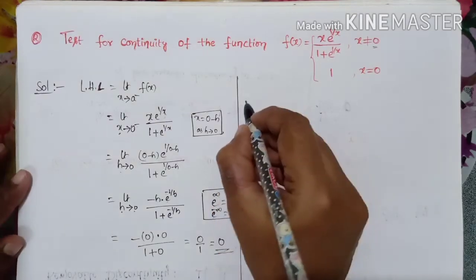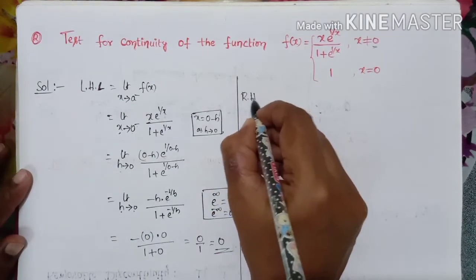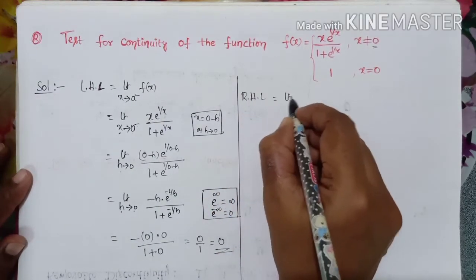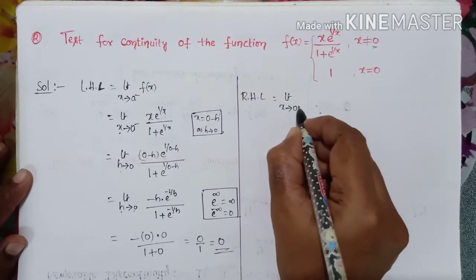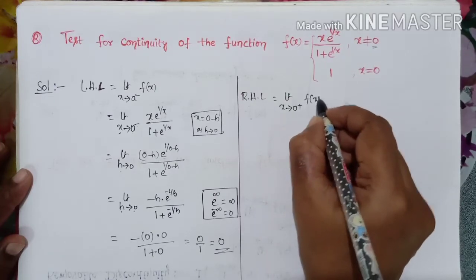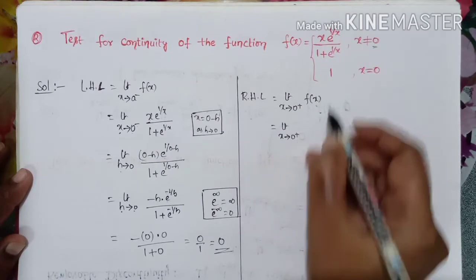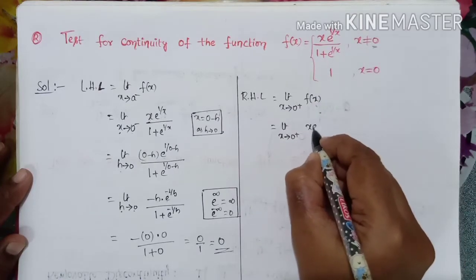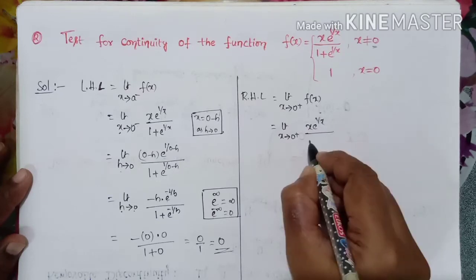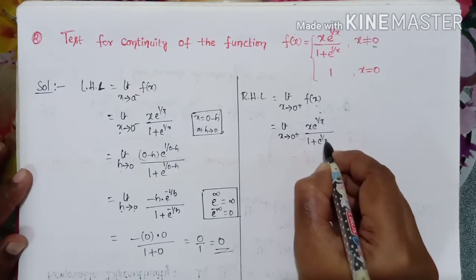Now we will see the right-handed limit. The limit as x tends to 0 plus of f(x), where f(x) is x into e power 1 by x by 1 plus e power 1 by x.